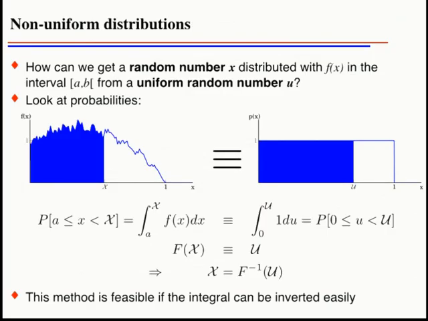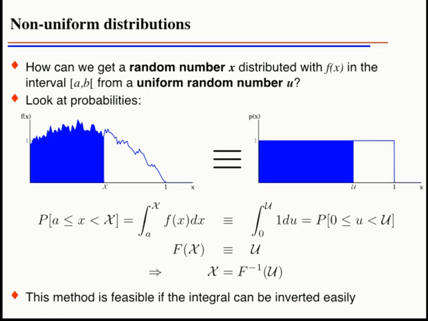Now we want to change the distribution. So what we want to achieve is to sample a random number x according to a distribution f of x that might have this wiggly, strange density profile. To do so, we have to think about the integrated probability.